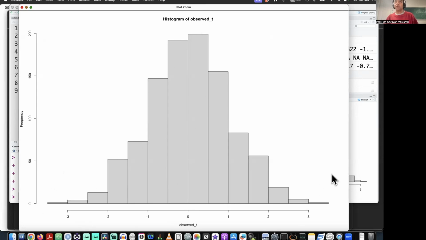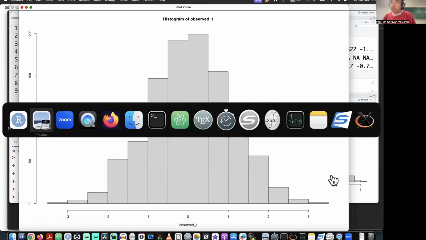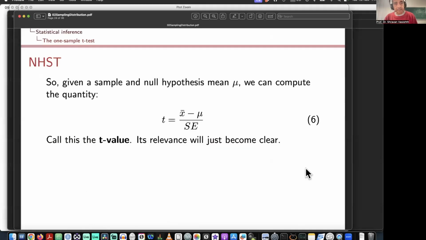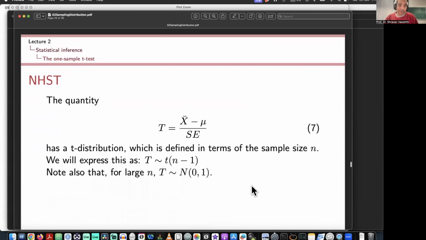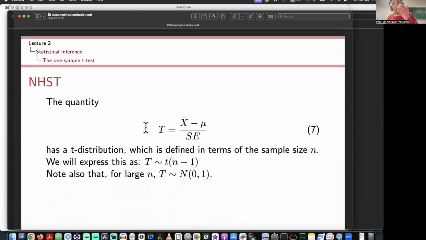This distribution of t-values has a name. Surprisingly, it's called the t distribution. The t distribution is just like the normal distribution: it's a continuous probability density function. Just like the normal distribution takes two parameters as input, mu and sigma, the t distribution takes the degrees of freedom as input.